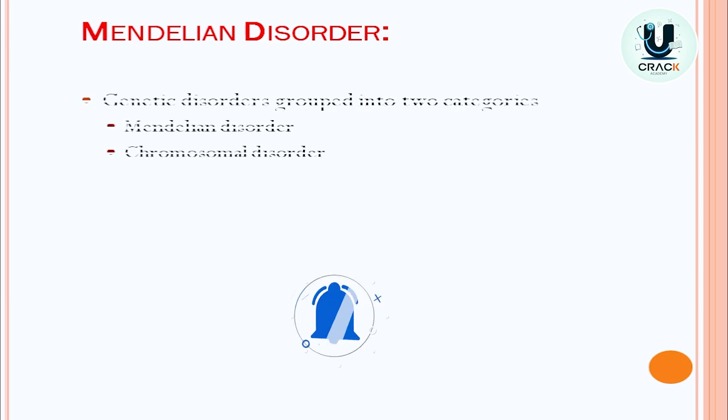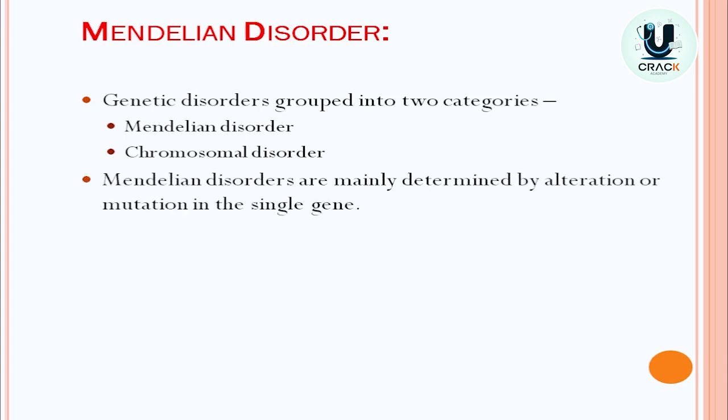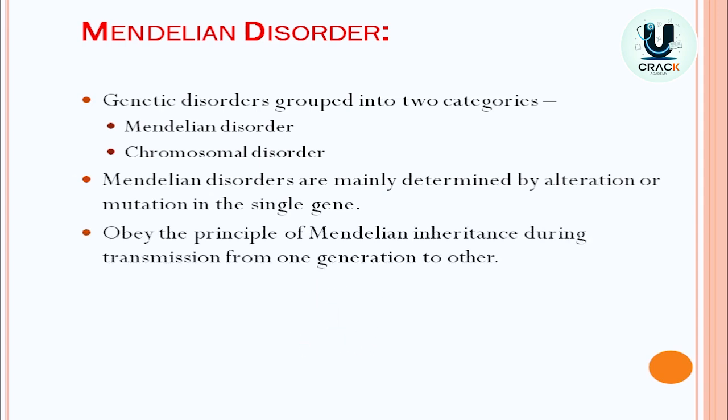Mendelian disorders. Genetic disorders are grouped into two categories: Mendelian disorders and chromosomal disorders. A Mendelian disorder is determined by alteration or mutation in a single gene and obeys the principles of inheritance during transmission from one generation to another.